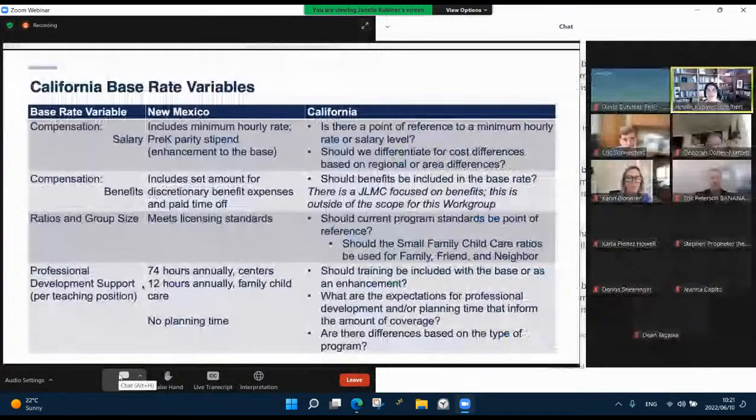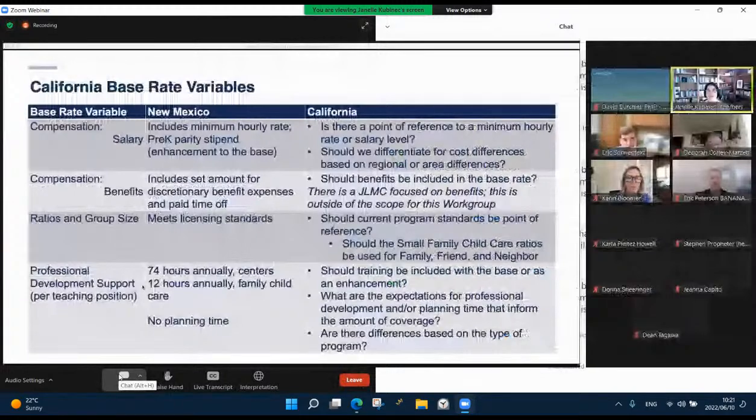So I think that we have to take into consideration the minimum hourly rate, just because people have to hire based in that economy. And in some ways that drives some differentiation in regions because minimum wage varies in regions.